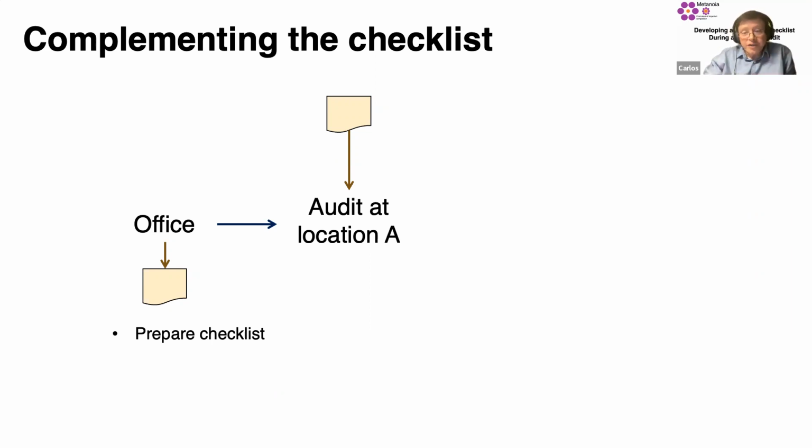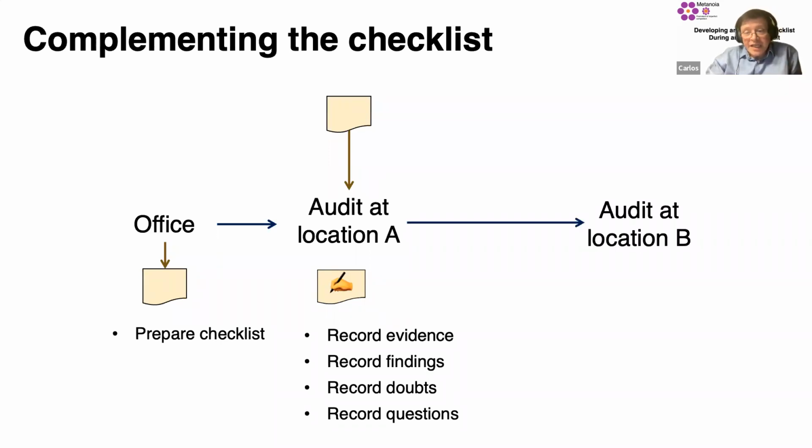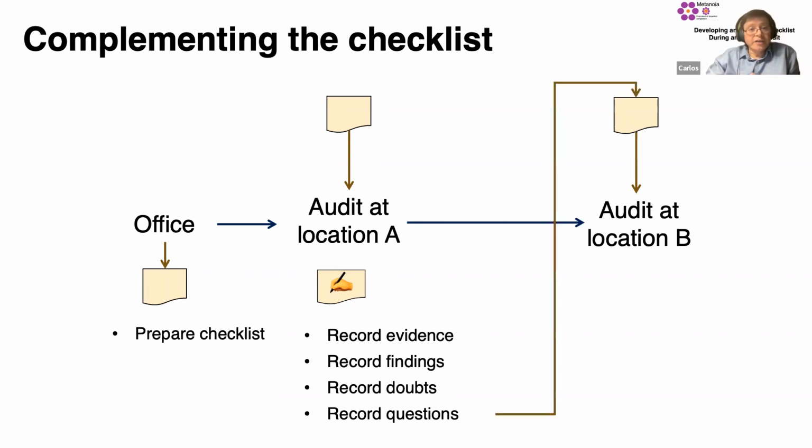So the auditor uses the checklist to record evidence, record findings, record any doubts and questions that emerge. Later, at another stage, during another interview, the auditor uses not only the checklist, but also all what was learned until that moment, okay?